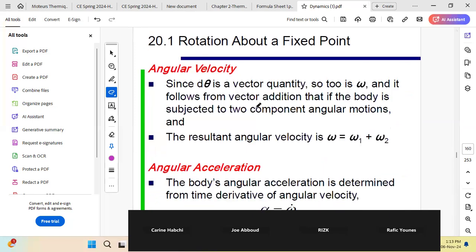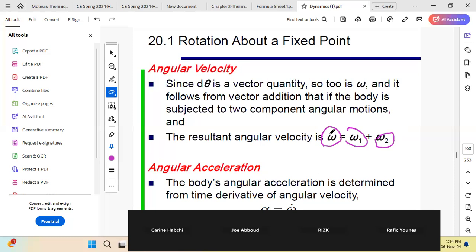Now, since d theta is a vector quantity, omega will also be a vector quantity, and it follows from vector addition that if your rotation can be divided into rotation about different axes, your angular velocity omega total will be the summation of the angular velocity about axis 1 plus the angular velocity about axis 2.